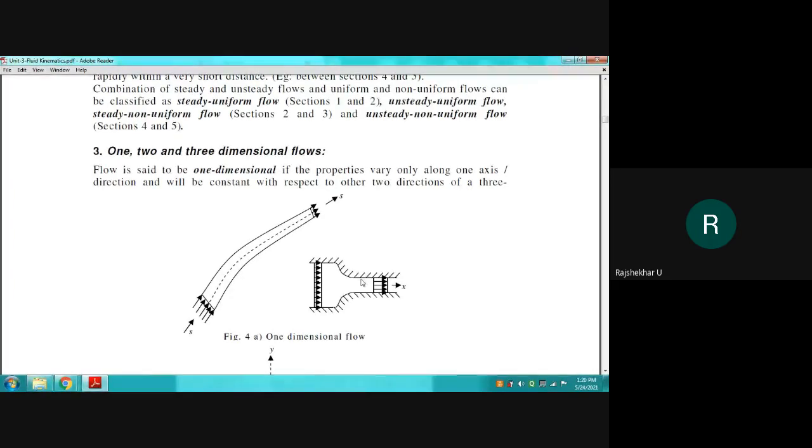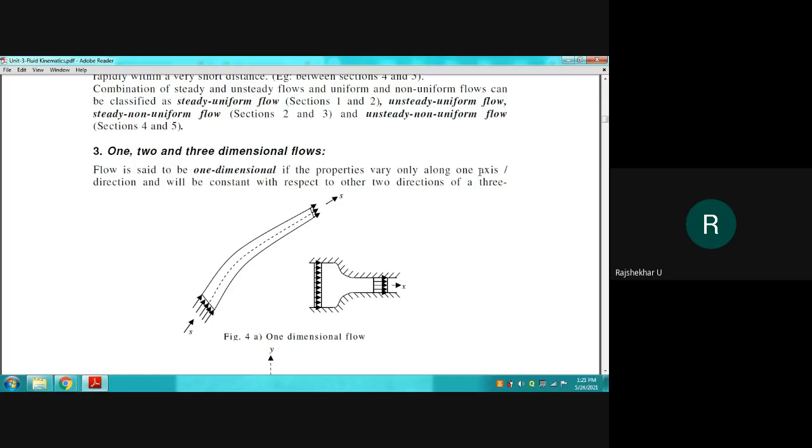Okay, it is very easy. See here, one-dimensional means what? Flow is said to be one-dimensional if the properties vary along one axis. One axis means only the x-axis, the properties are changing. Either it can be the x-axis or the y-axis or the z-axis. Understand this: the properties are changing only in one direction.